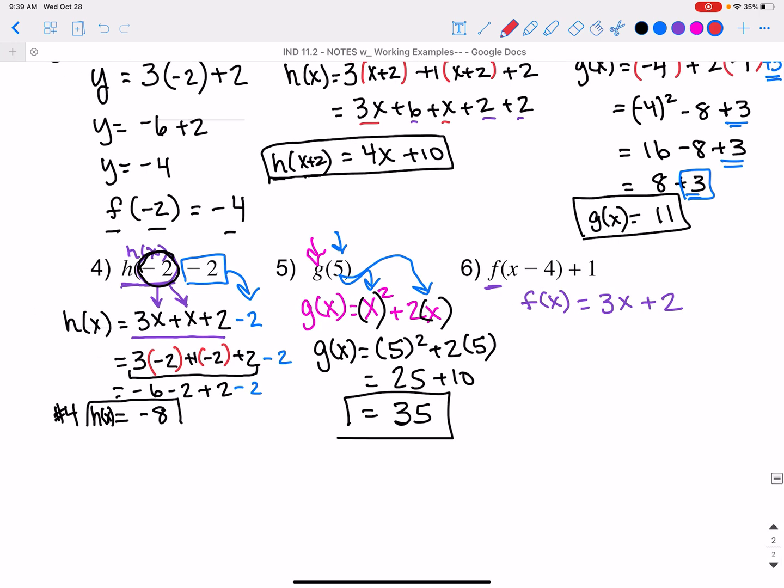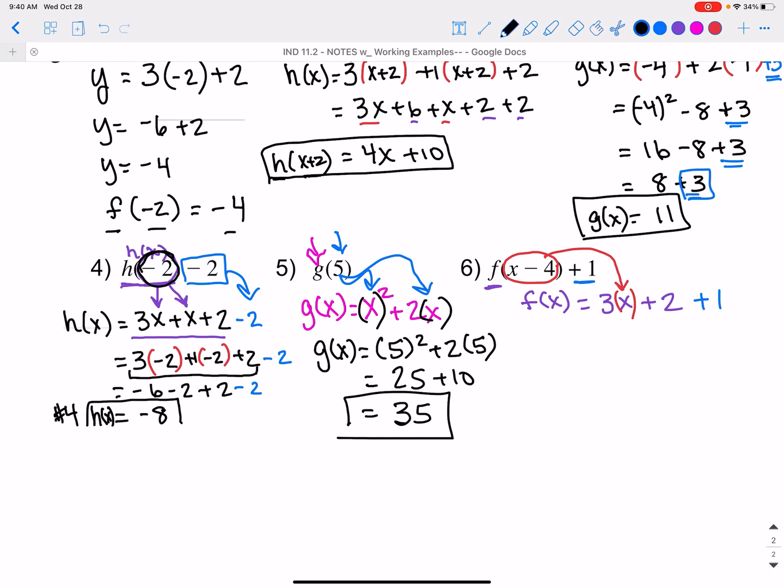Now, again, find the x in your function and find your ingredients. Well, here's my ingredients right here, x plus 4. So everywhere there's an x, I'm going to put the ingredients in of x plus 4, and then I've got this little plus 1 that I'm going to tack on to the end and do it last. Okay? So let's do just the purple part, just the function part first.